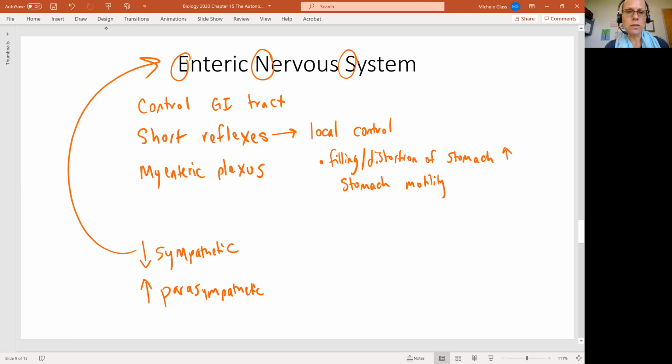So again, just to be clear, we're seeing that the GI tract is being locally controlled, short reflexes by the enteric nervous system, but we do get overriding signals from the autonomic nervous system, the sympathetic and the parasympathetic. So we do have some long reflexes or long control as well.